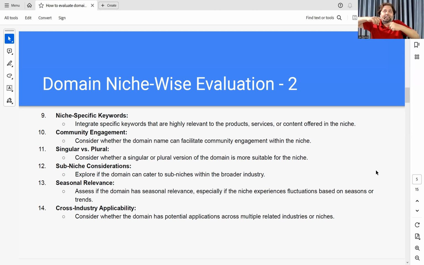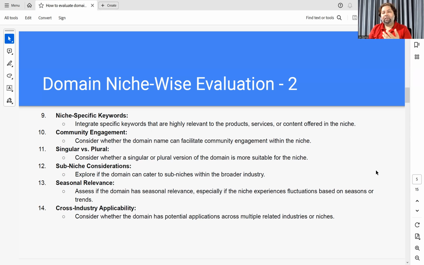So that creates the value of this domain name, the community engagement. And in the case of the Ram domain, the devotees of Shri Ram, particularly in India, and particularly in this season, because in some day of January is the inauguration date.